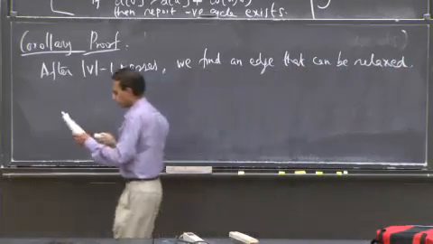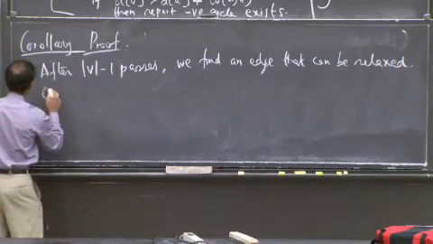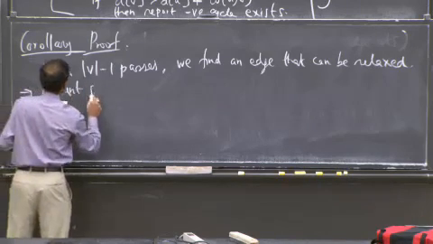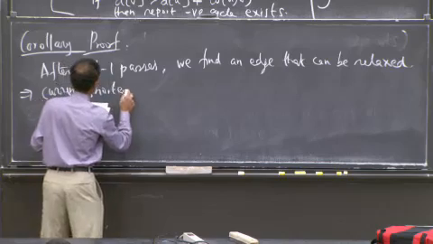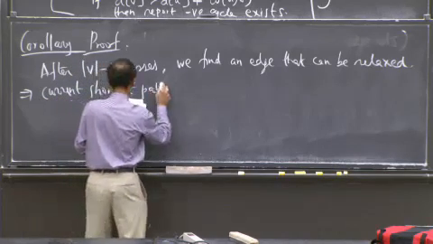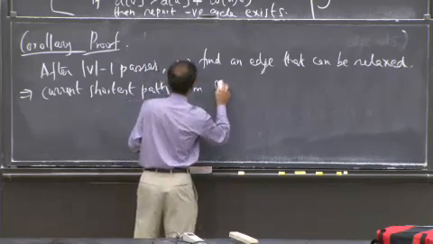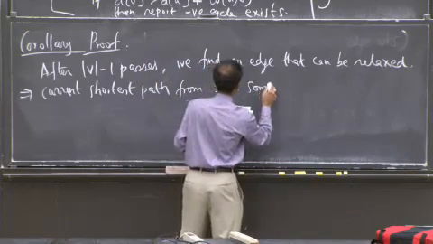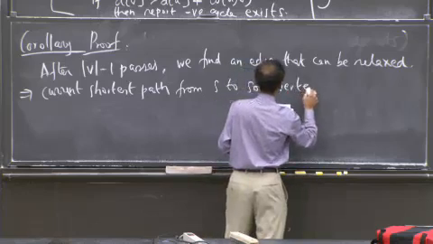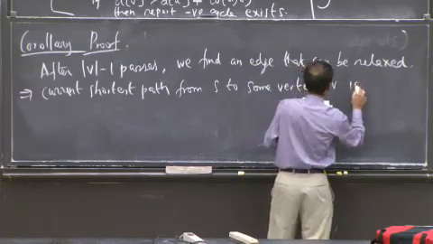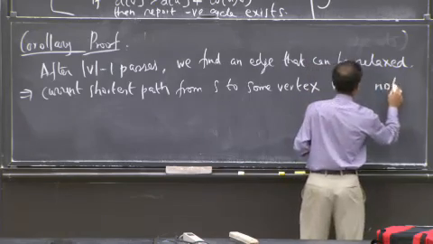Well, this means that the current shortest path from S to some vertex V that is obviously reachable is not simple.